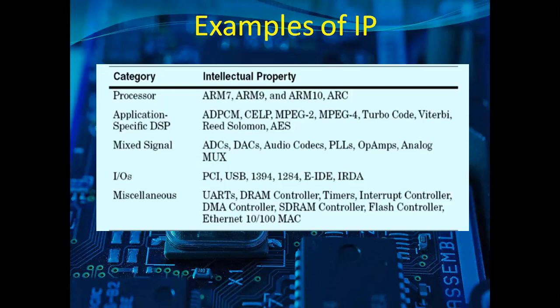For mixed signal processing, it is ADCs, DACs, codecs, PLLs, op-amps. For input output modules, there is PCI, that is the bus interface, USB, and 1394. These are all communication platforms. And then there are miscellaneous ones such as UARTs, DRAM controllers, timers, interrupt controllers, and so on. These are just examples of popularly used IP cores.